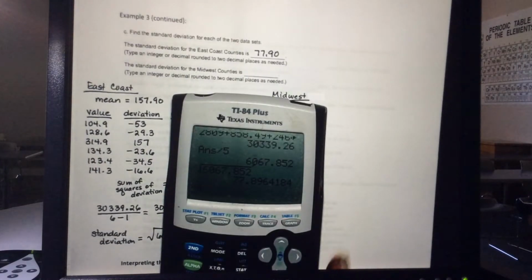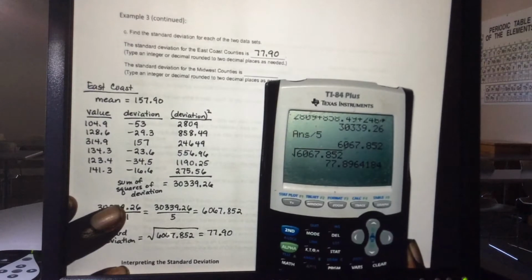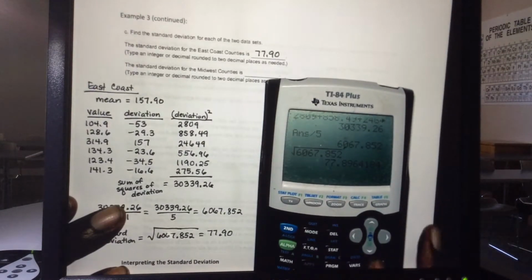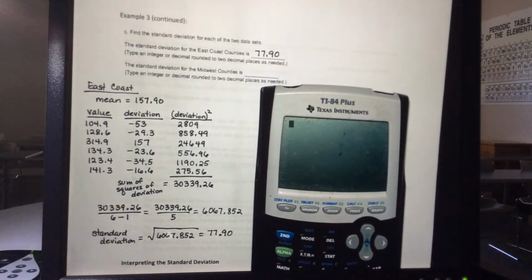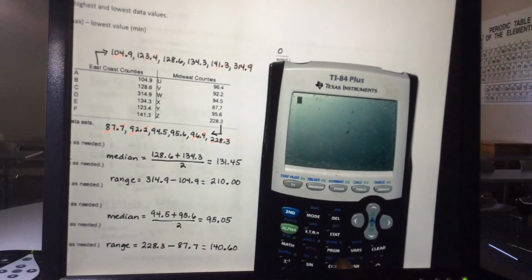If you have a TI-83 or the 84 Plus graphing calculator, you can find the standard deviation here. And let me show you how to do that, okay? My Midwest counties are these data values right here. Let's start by pressing this button that says Stat, S-T-A-T. If you press the Stat key, we're putting in new data values here, so I'm going to select number 1 under the Edit menu for Edit.